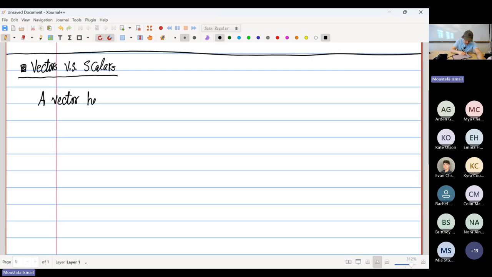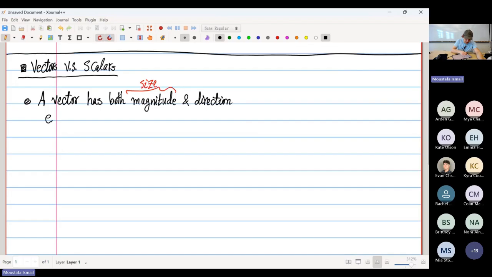So a vector has both magnitude and direction. And by magnitude, we just mean a size of the vector.